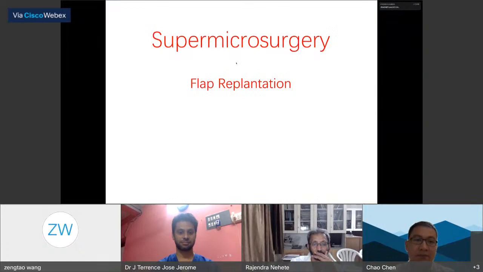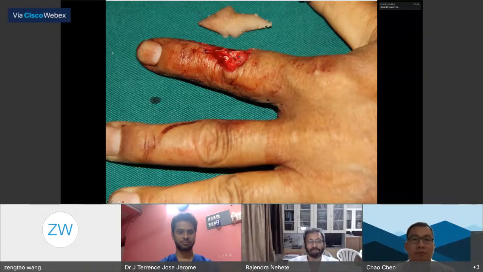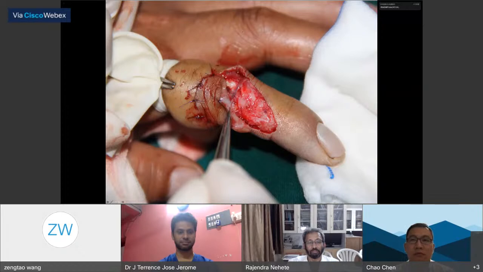Super microsurgery, the flap replantation. It's just a flap. And most is one wing and one outer branch, and the wing.